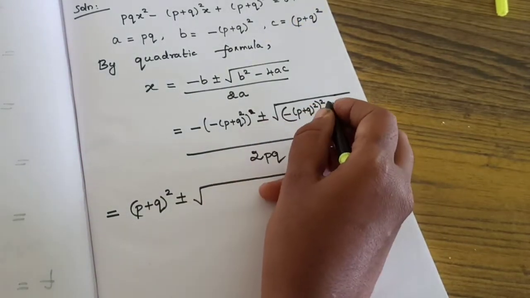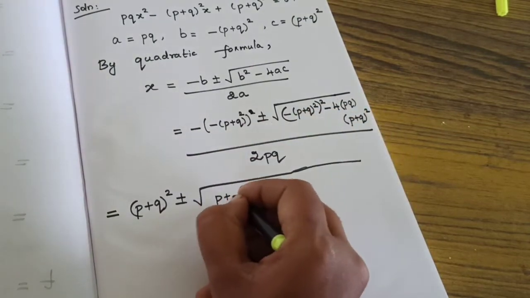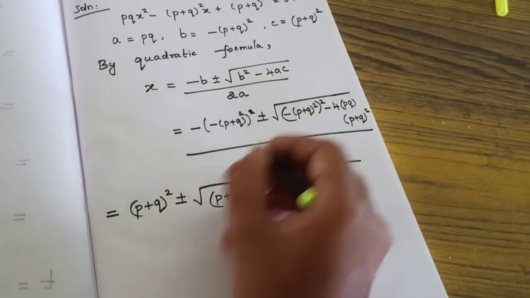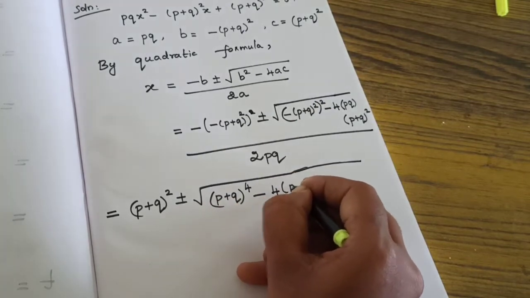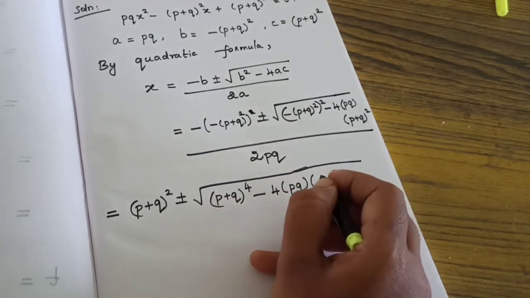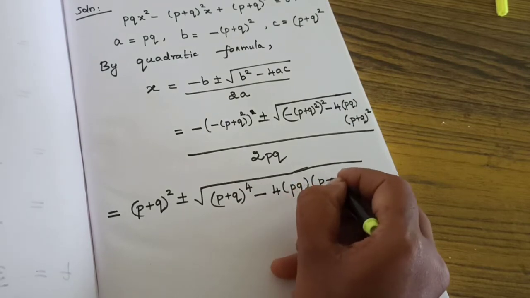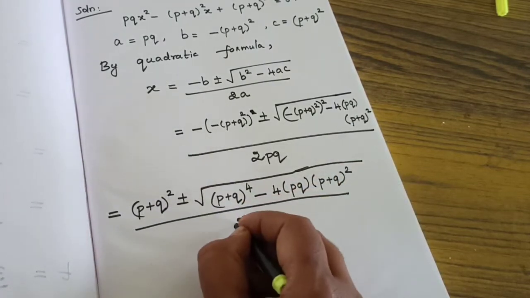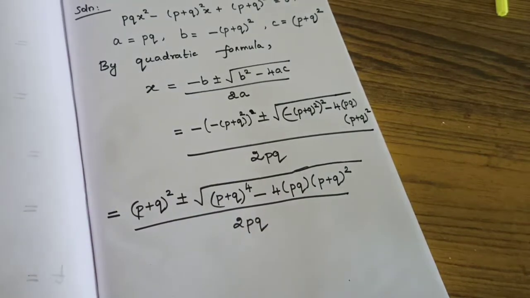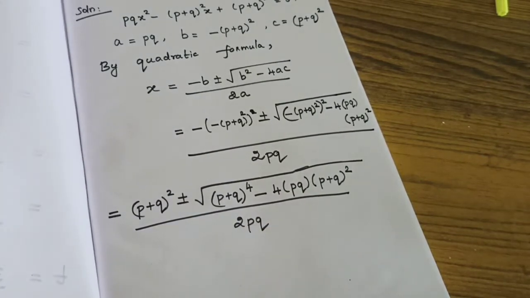minus square is plus only. So p plus q the whole power 2 2s are 4, minus 4 into pq into p plus q the whole square, divided by 2pq. Okay, this is a very important question.